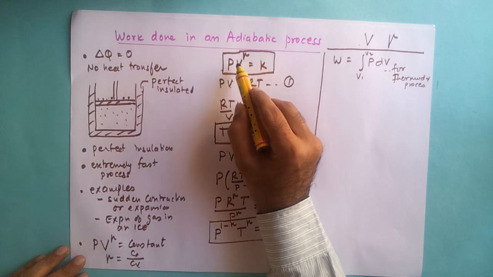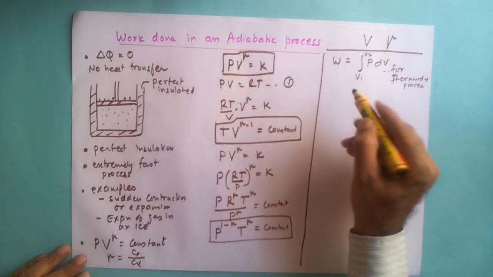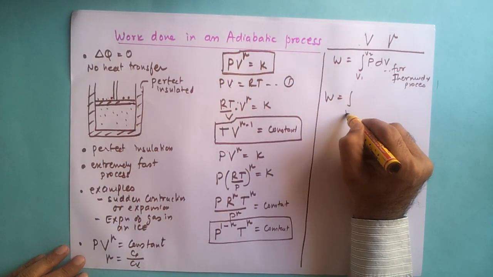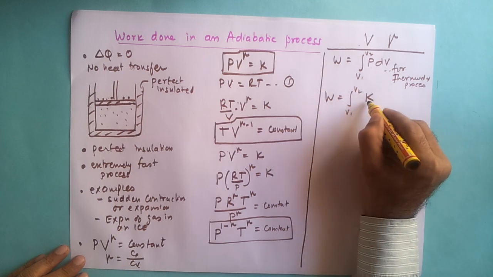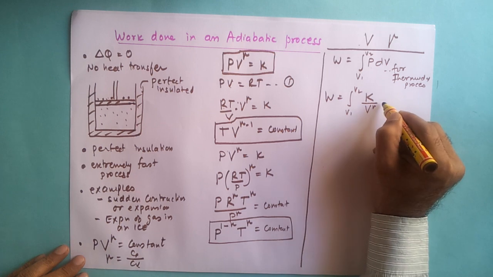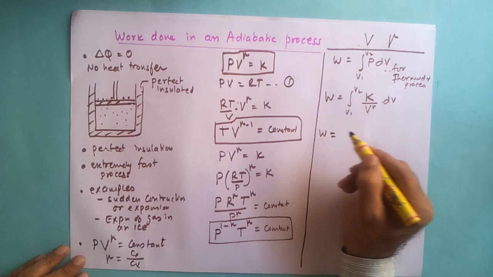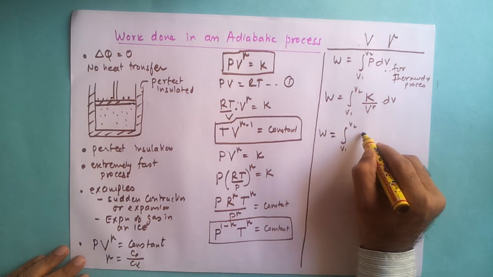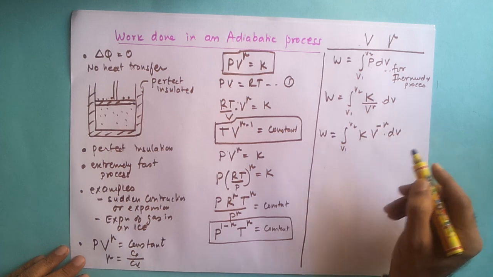So what I can do is put the value of P over here, which is K upon V raised to gamma. So work done will be equal to integration from V1 to V2 of K upon V raised to gamma dV, which is integration from V1 to V2 of K into V raised to minus gamma dV.